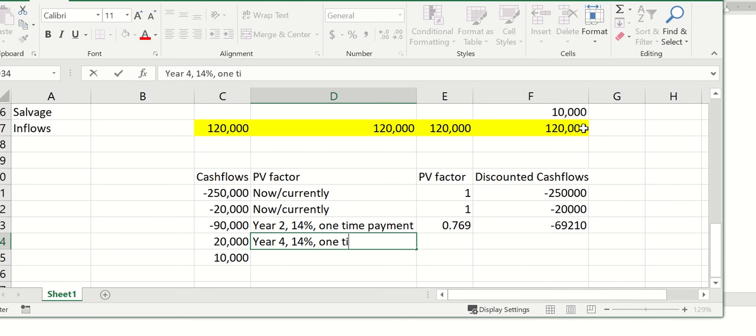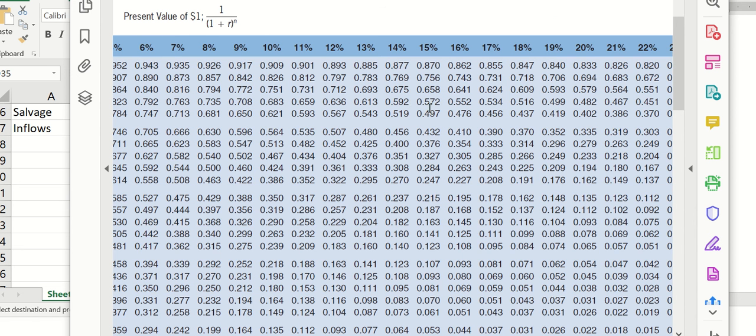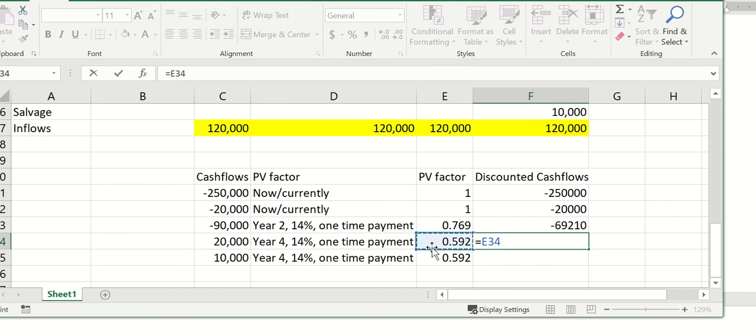This is one time, so now I'll use my PV charts, not an annuity, just one time. Year 4 at 14% would be 0.592. Oh, I hope you can see that. Sorry, 0.592, 14% for 4 years. Then we can multiply here.